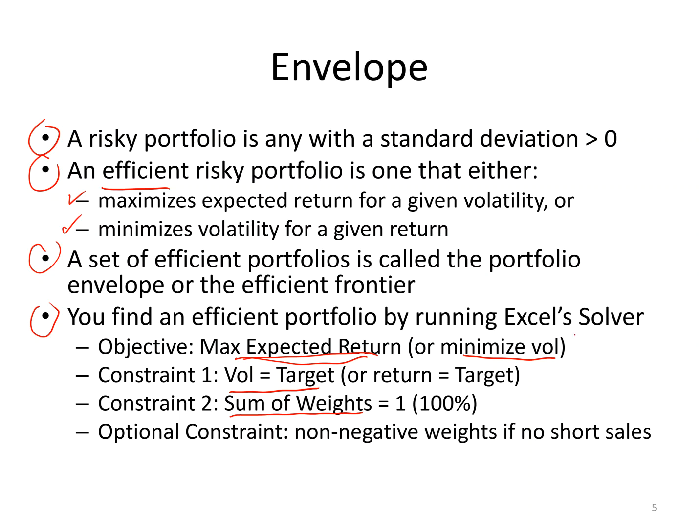If I'm going to minimize vol, I'm going to give it a return target and also have a constraint that the sum of the weights equals 100%. An optional constraint is whether or not you want to allow short sales, in other words, negative weights. So an optional constraint is that the weights are constrained to be non-negative, so in other words, no short sales.